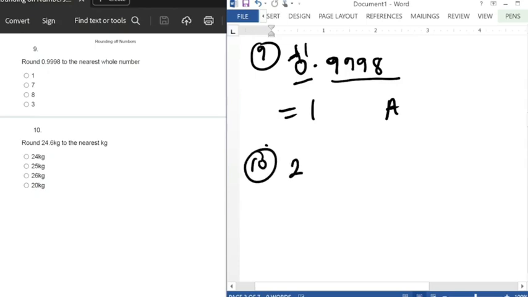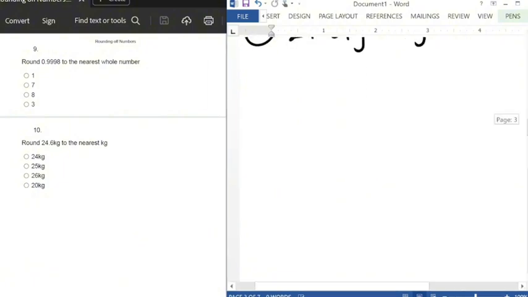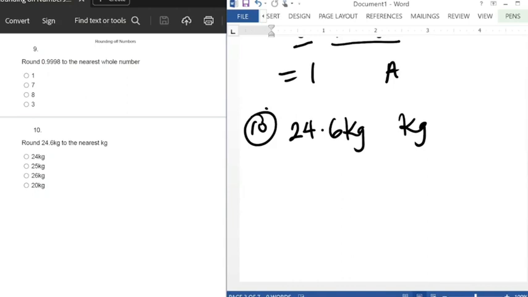Round 24.6 kilogram to the nearest kilogram. Now under this, you have to round it to the nearest kilogram. So it means we round it to the nearest whole number. But it's already in kilogram. That is, we round this one up. So that means you're going to have to the nearest whole number.